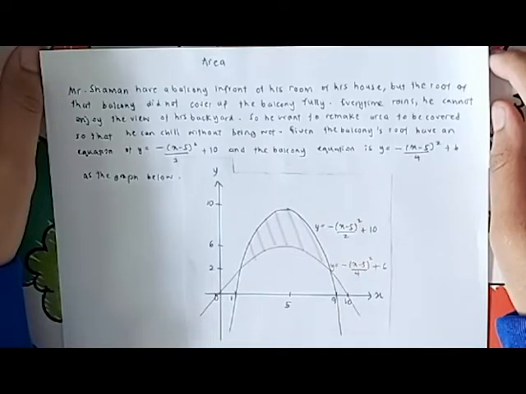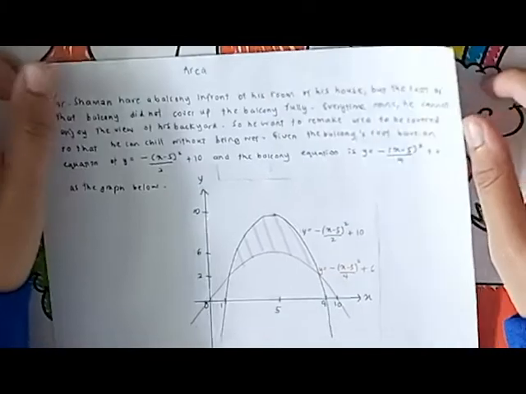Given the balcony roof has an equation of y equals negative (x minus 5) to the power of 2 over 2 plus 10, and the balcony equation is y equals negative (x minus 5) to the power of 2 over 4 plus 6, as in the graph below.